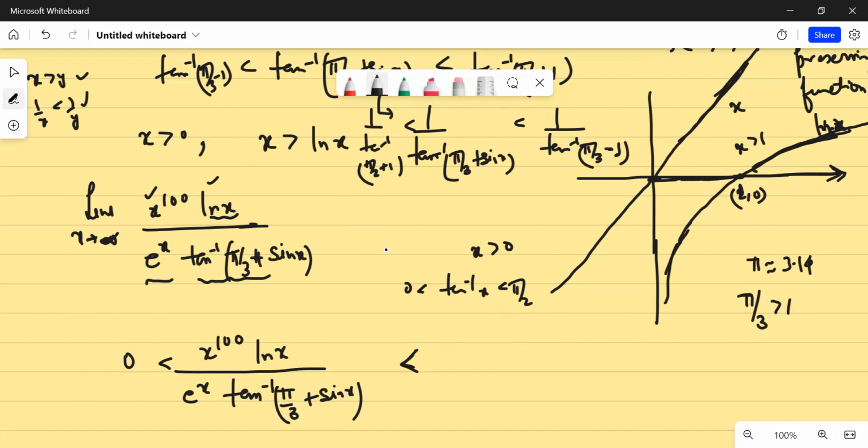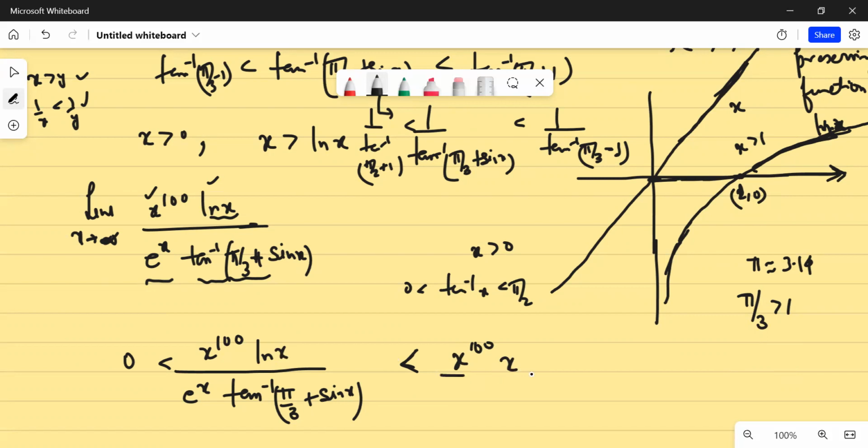So even as x tends to infinity, this will remain the case, and x would dominate over ln x. Is that clear? So ln x would be less than x, while x raised to power 100 I'm not writing. Is that clear?